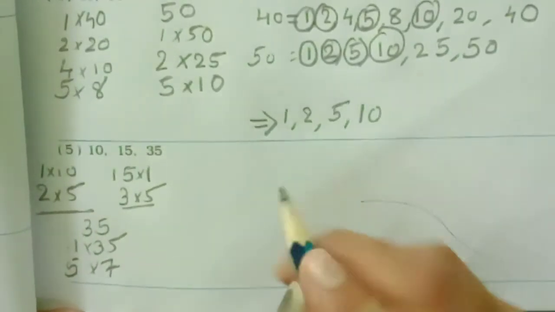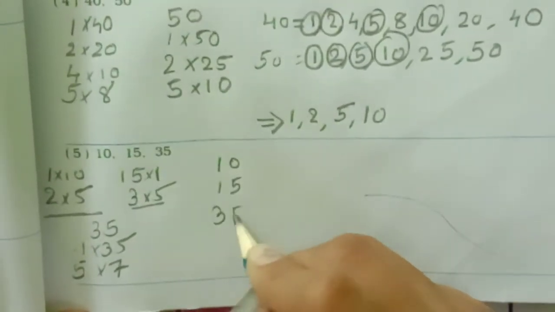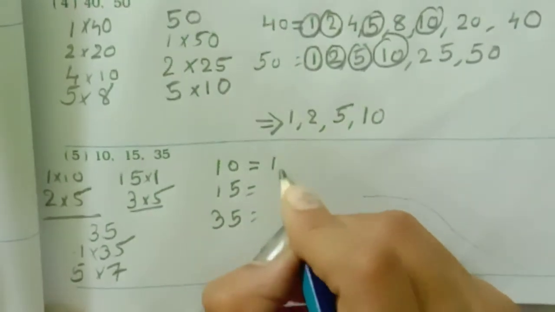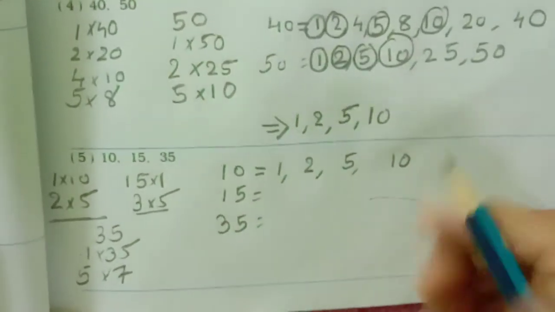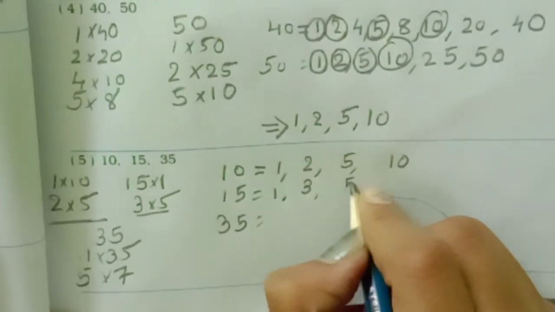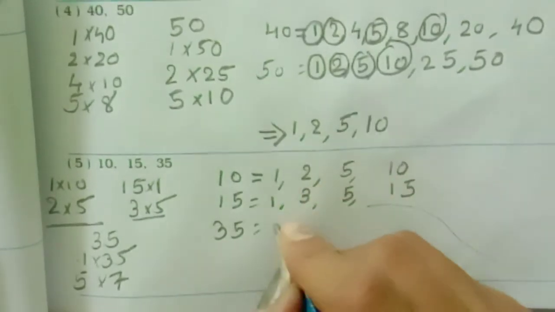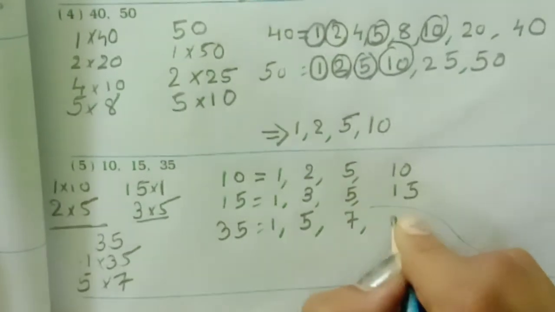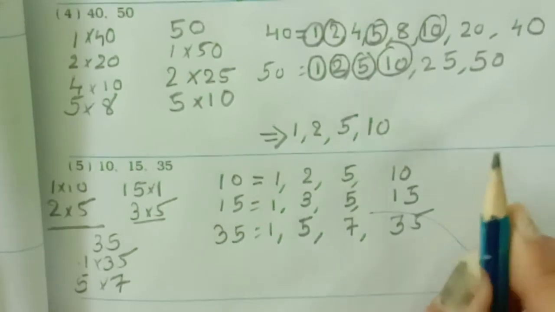So we will write here all the factors of 10, 15 and 35. First, factors of 10: 1, 2, 5 and 10. Factors of 15: 1, 3, 5 and 15. And factors of 35: 1, 5, 7 and 35. So which are common in the three numbers?